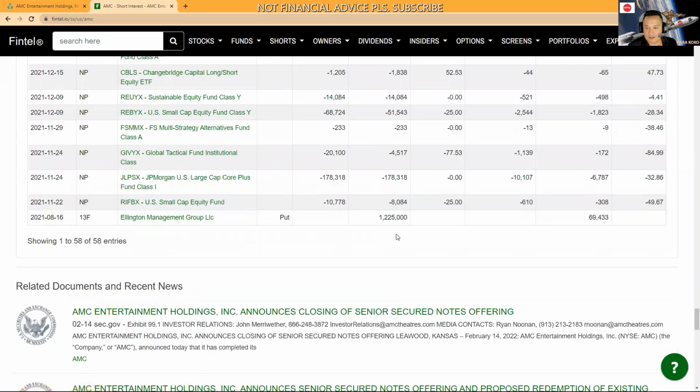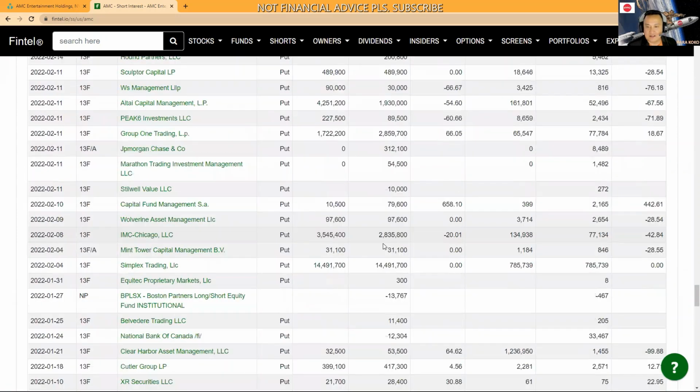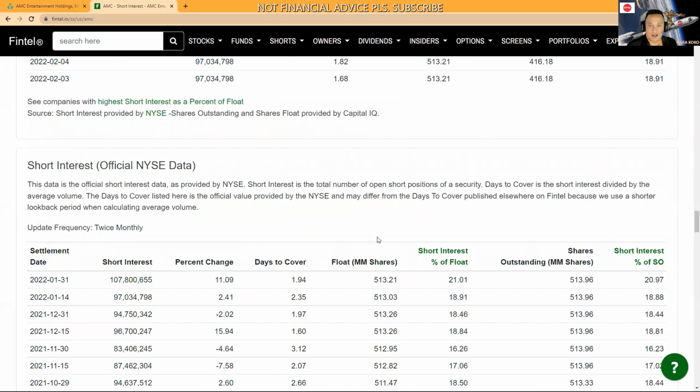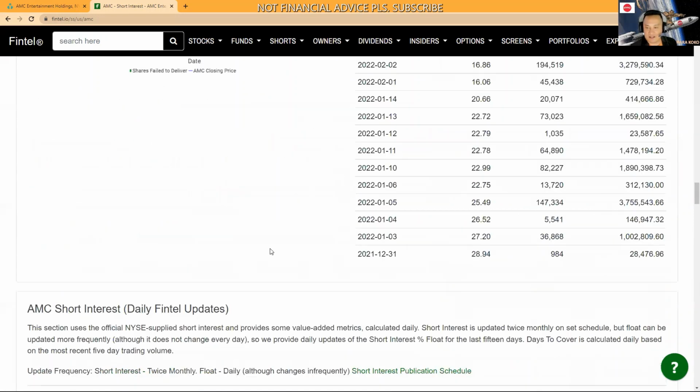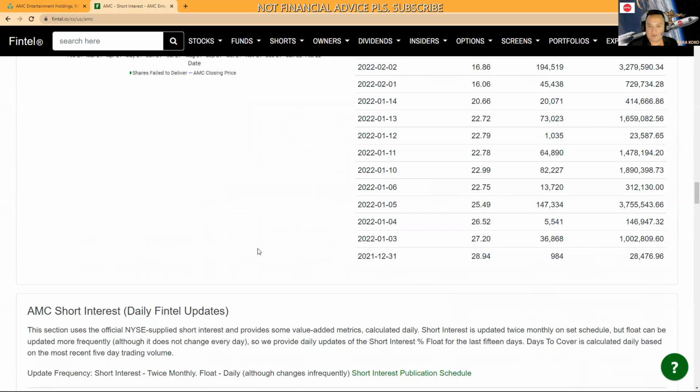This one right here, Huntington 1.225. So these are the people that are shorting AMC, and it's massive shorting of AMC, right?